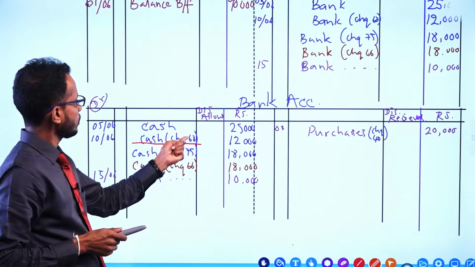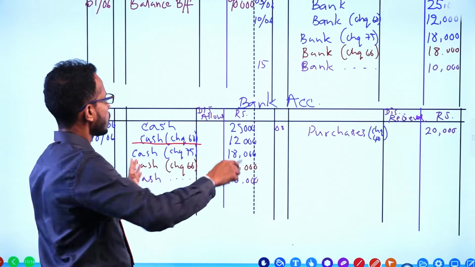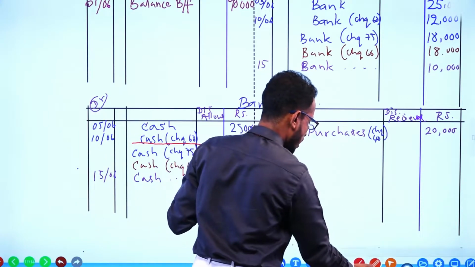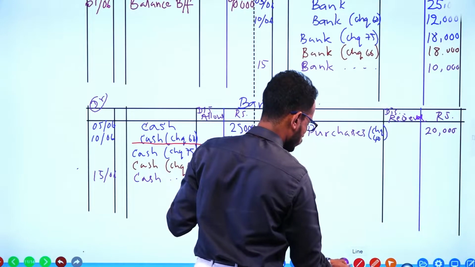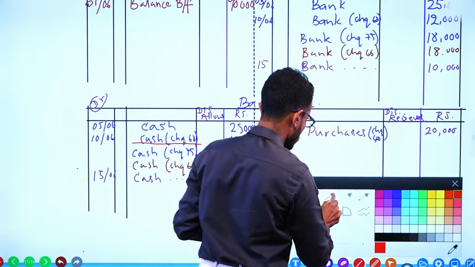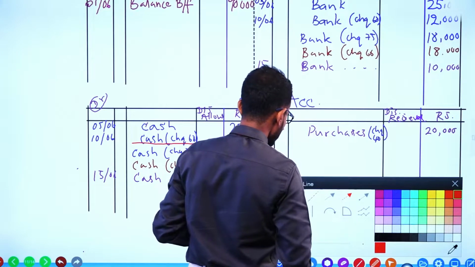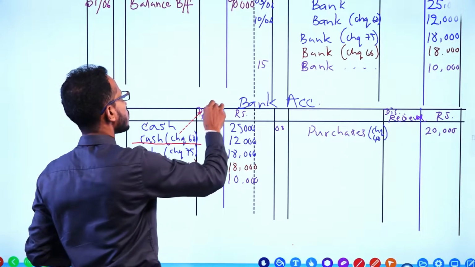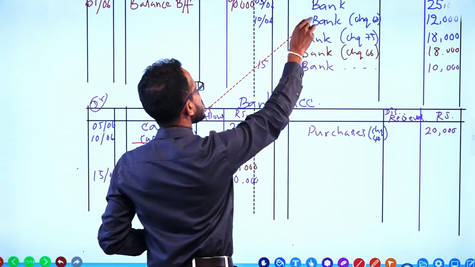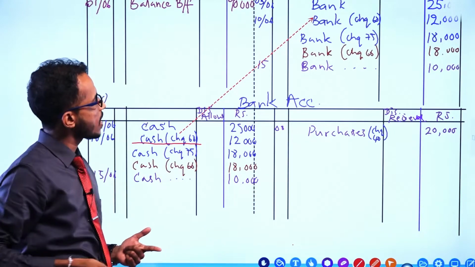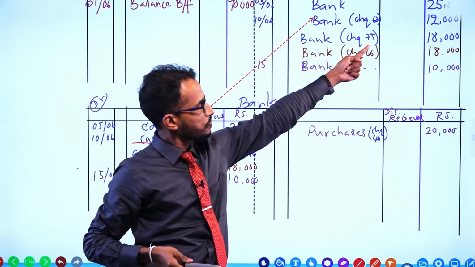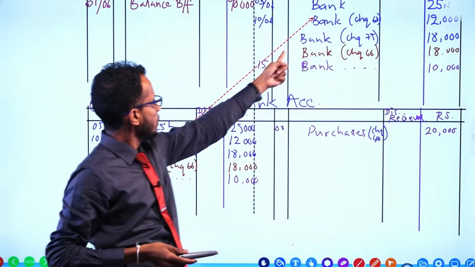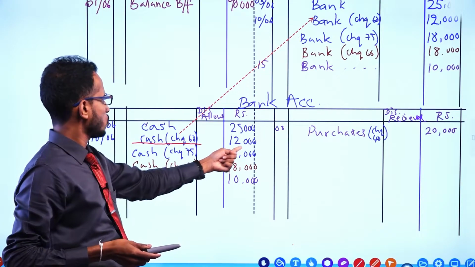Cash book has been credited. Bank book has been debited. This is the double entry, children. Cash book credit 12,000, bank book debit 12,000.